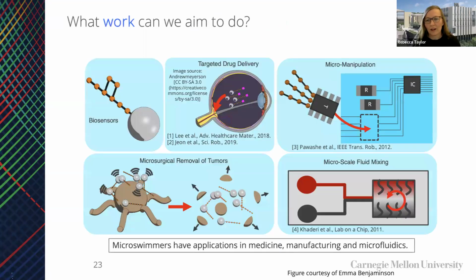And so the way that I would typically set this up is to say, if you wanted to perform targeted drug delivery or micromanipulation or microsurgical activity, or even just circulate liquid in a microfluidic device, having something that you can control using an external magnetic field that manipulates matter at the micron scale, that's extremely useful.